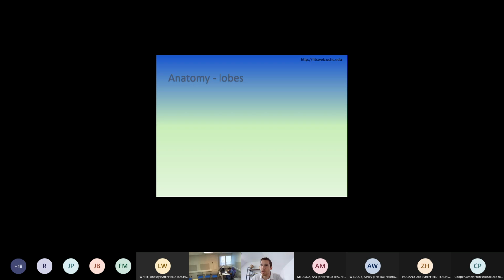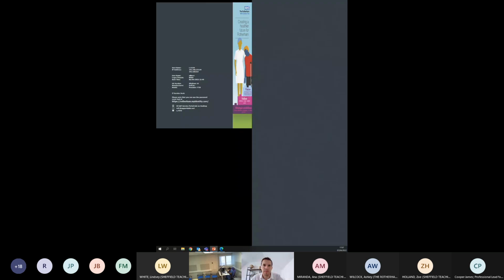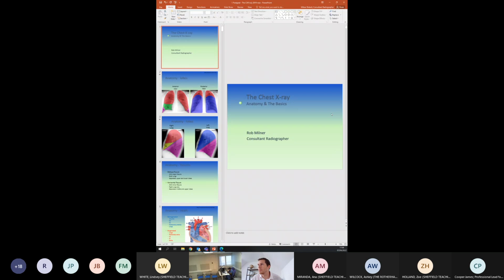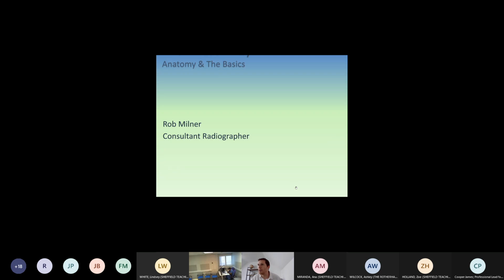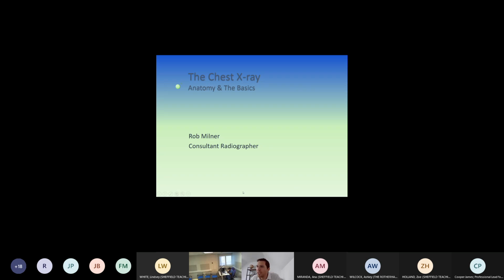I might be able to do something with that. I don't think I can actually. If people are struggling to see the screen, I can always zoom in on the images. So just shout up, James, if people are struggling.